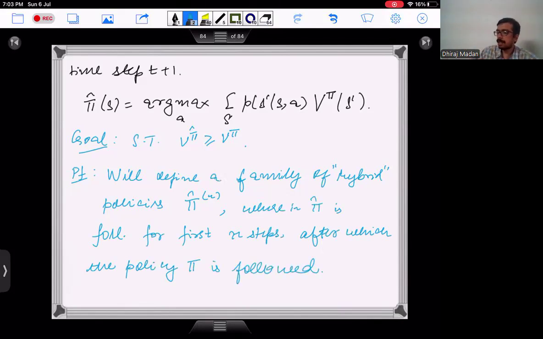Okay, so for the first n steps, you follow pi hat and then you follow pi.